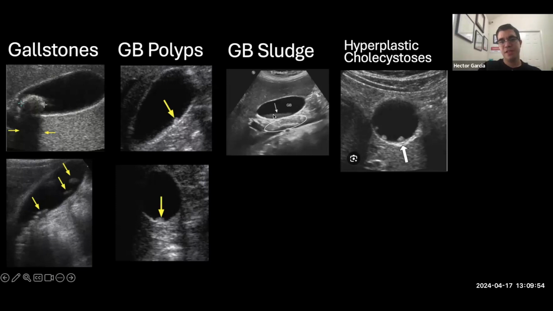So we're going to see that it is mobile, but behind it we're not going to see a posterior acoustic shadow, because in the gallstone, we do see that. In the sludge, we don't. And then hyperplastic cholecystosis is like multiple polyps, kind of like in these second images here. Again, it is non-mobile and does not produce acoustic shadowing, and it's kind of attached. It may be vascular sometimes, and it may be attached to the gallbladder.